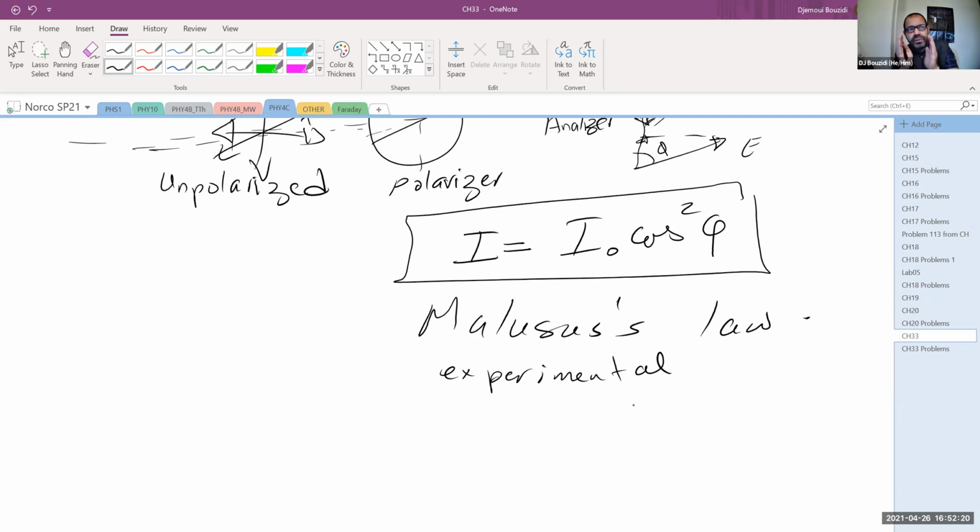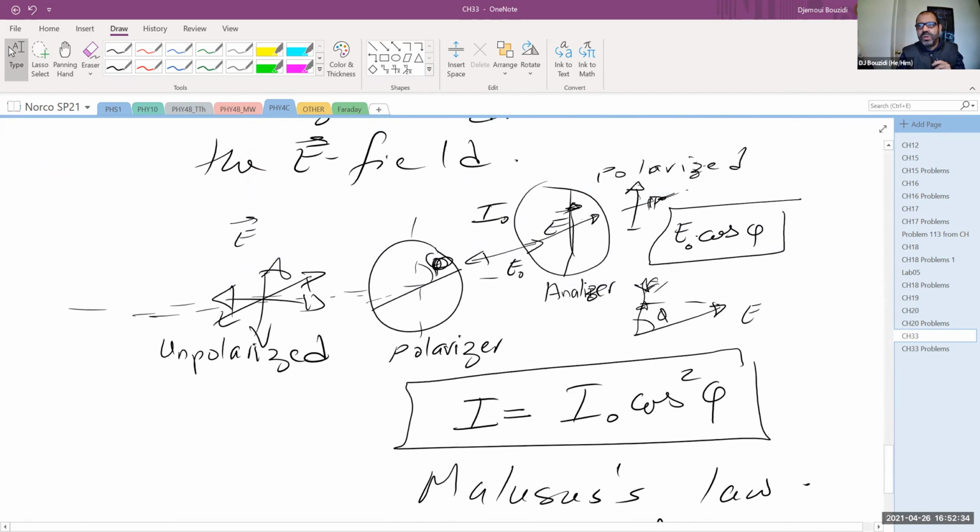So they will give you the direction between the analyzer and the polarizer, and that will be the angle phi. Square the cosine and multiply it by the intensity, or the new intensity, and that's how you find it. As a matter of fact, as I was describing earlier, if phi is equal to 90 degrees, cosine of 90 degrees is 0. Think of the second one as your analyzer.